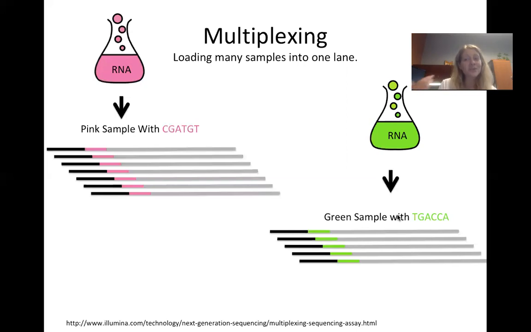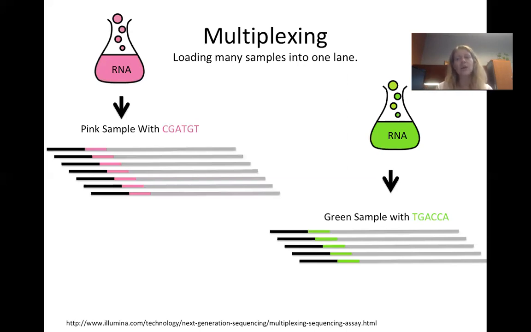Let's say you have a pink sample and a green sample. For your pink sample, you're going to ligate on the standard universal barcode for Illumina, but with it, it's going to come with 6 bases, in this case CGATGT, that are attached to that adapter. Every single read that came from your pink sample is going to have that standard adapter and then CGATGT.